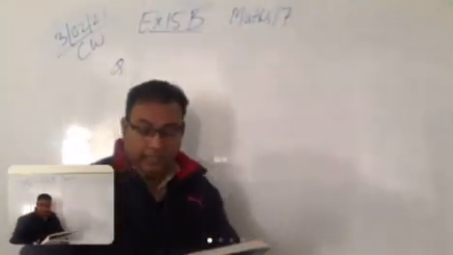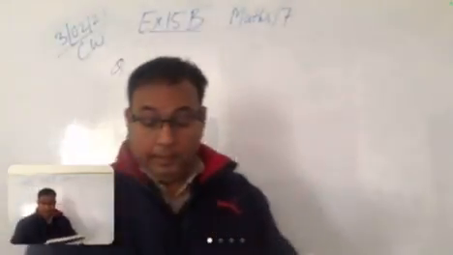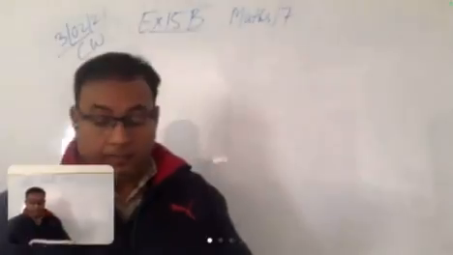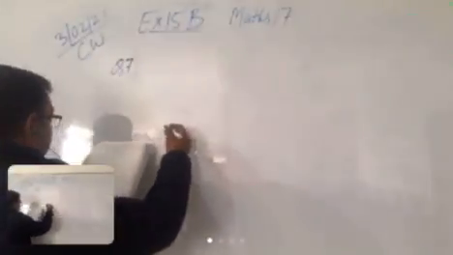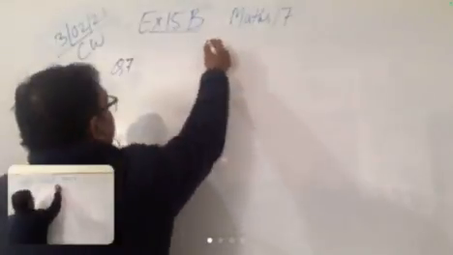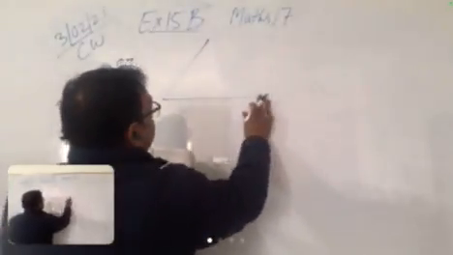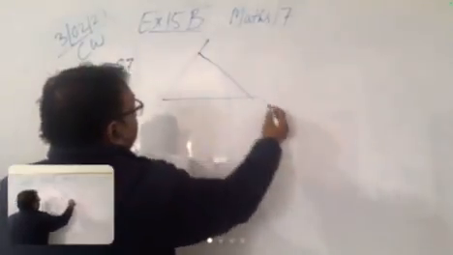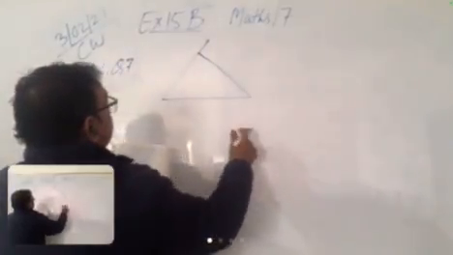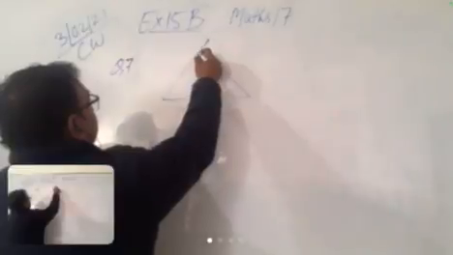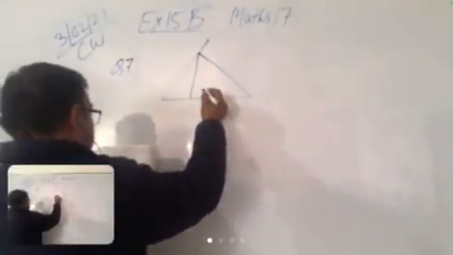Now read the question number 7. Read what is to be done, okay, question number 7. Question number 7, everyone see question number 7. The figure is like this, and here is the line.